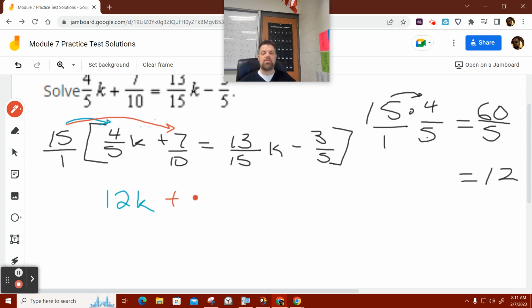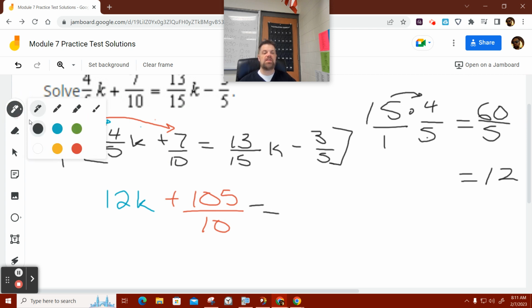So now remember, it's just 105 in the top. Quit talking. And then I'm just going to leave the 10 here. 10 does not divide evenly into 105. Leave it the way it is.